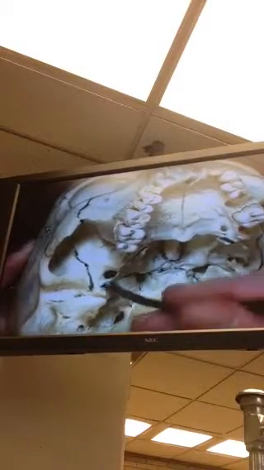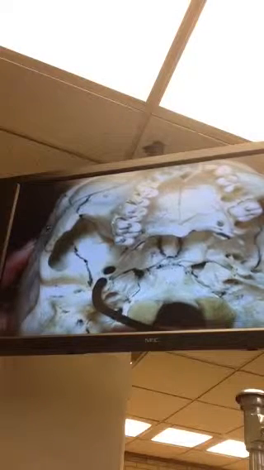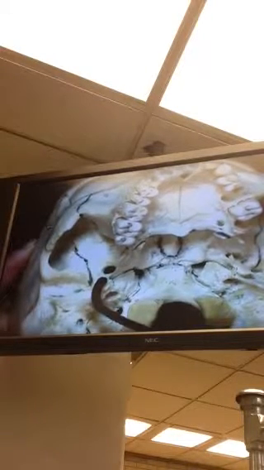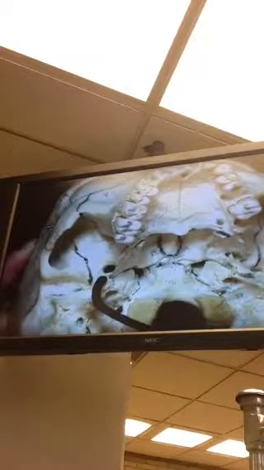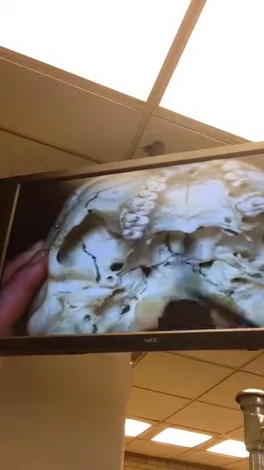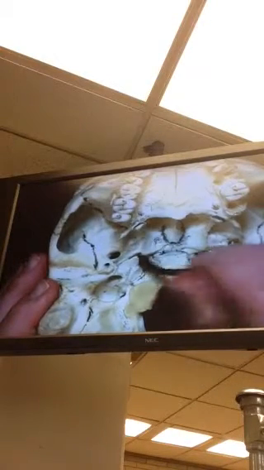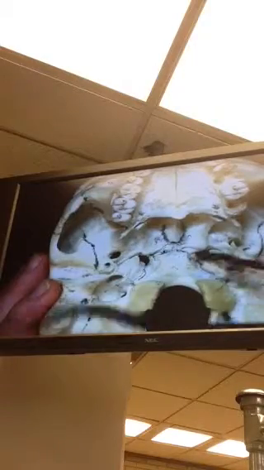This opening that is adjacent to the sphenoid spine is called the foramen spinosum. The middle meningeal artery goes through there. On the medial side of these two openings, there is a foramen here that is called the foramen lacerum.